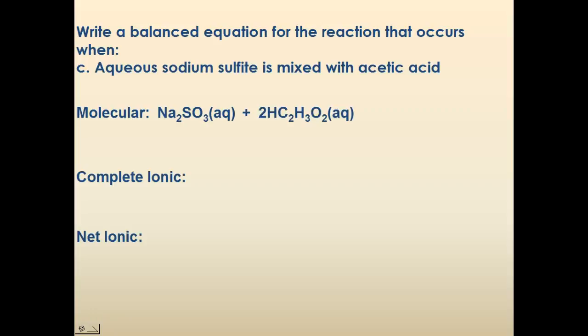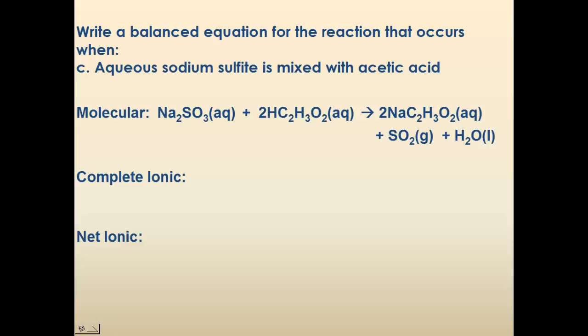But to balance that equation out, we'll see that on the other side when we combine the H with the SO3 and the sodium with the acetate, we need 2 sodiums from the Na2SO3, so we're also going to need 2 acetates, and it's a 1-to-1 ratio. And then the H from the acid and the SO3 from the sulfite ion are going to make sulfurous acid, which H2SO3 will break down into SO2 and H2O.